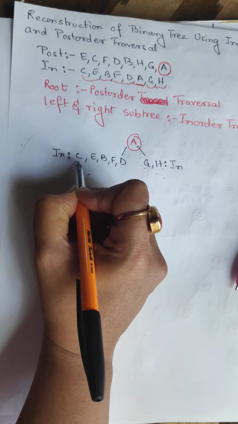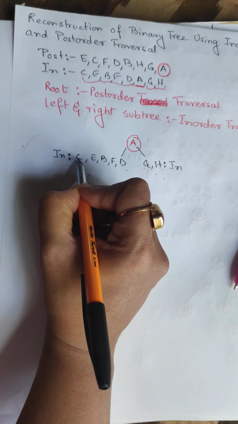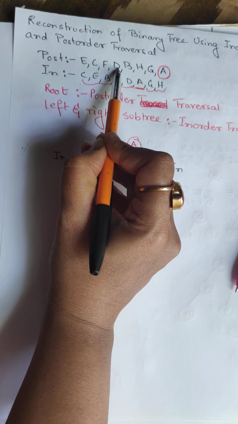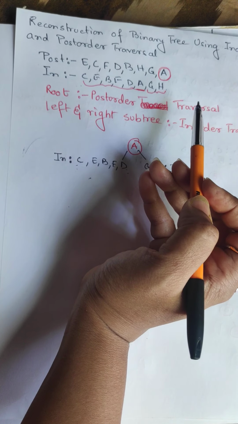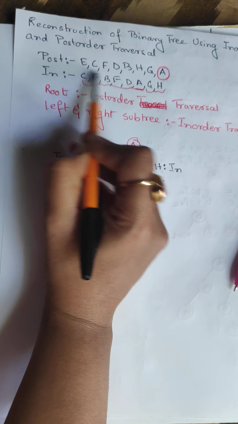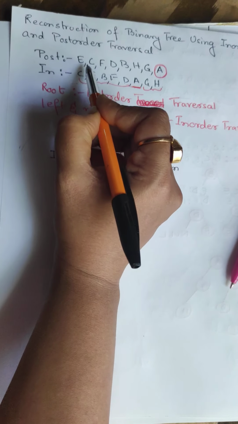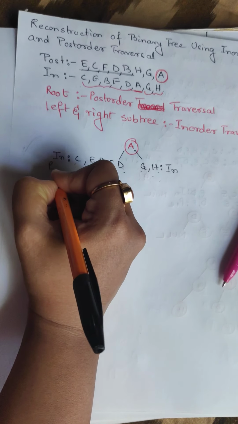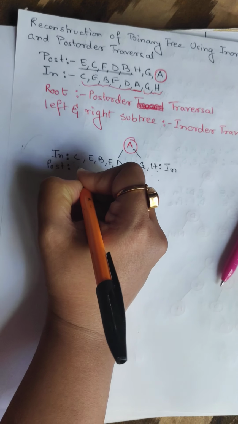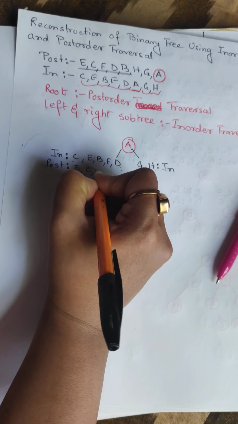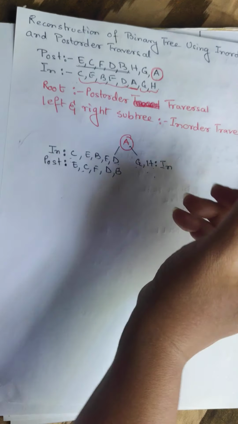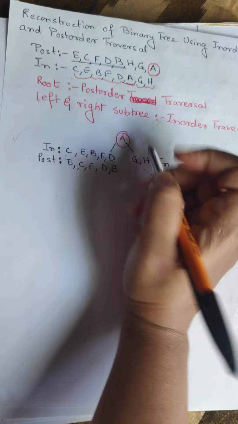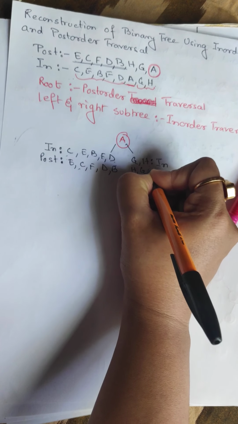So you see the 5 nodes on the left hand side are C, E, B, F, D. Over here we also get C, F, B, D, E, and we get all these 5 nodes, but the order has changed. So this is the sequence of the PostOrder traversal of the nodes. And the PostOrder traversal of the right subtree is H, G.